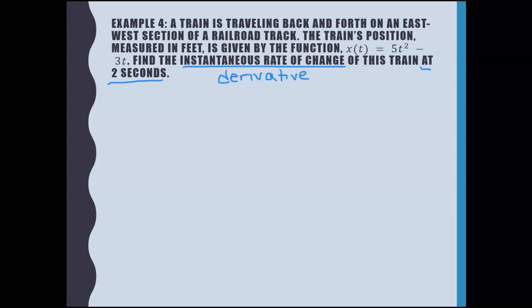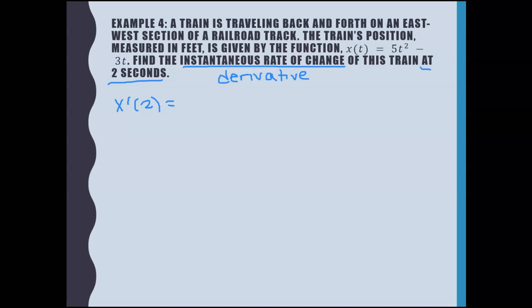So really, this question is asking me to find x prime of 2. Do you want to use the original form or the alternate form of the derivative? Both will work.